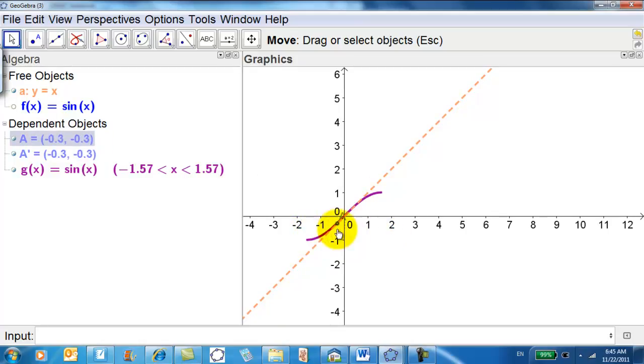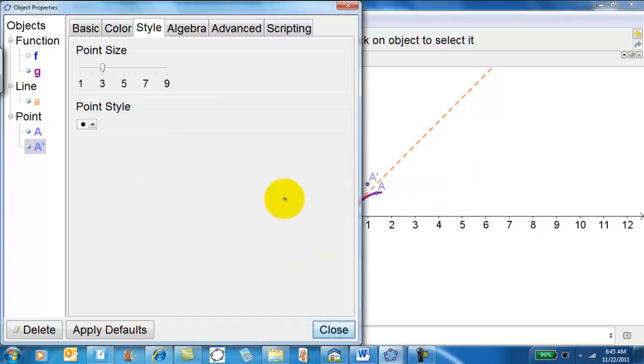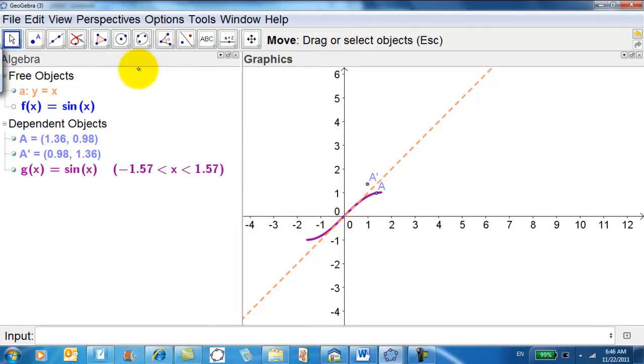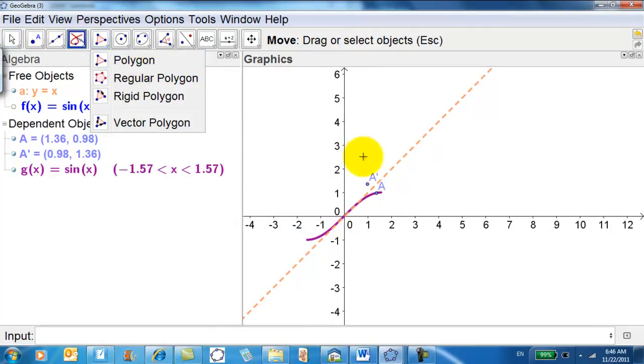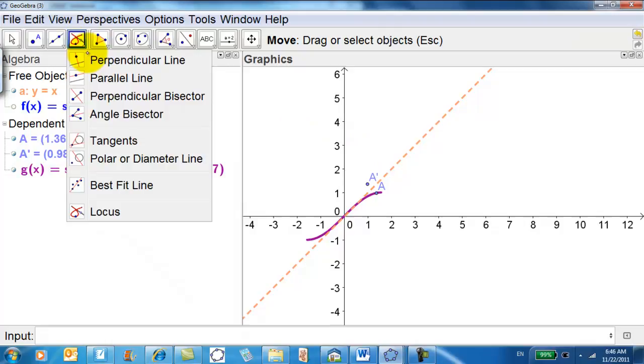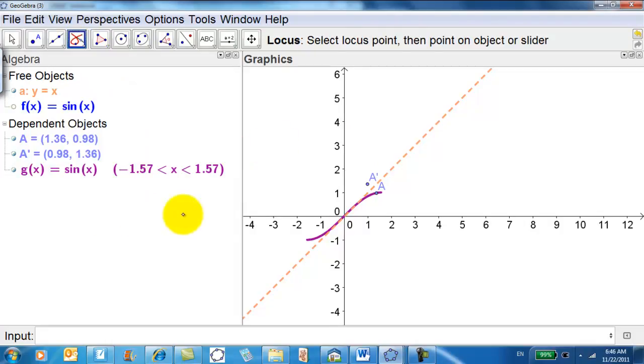So the inverse sine, we have to do a trace. Turn this on and do a locus of points. Locus, yes. Pick the locus point and then boom.